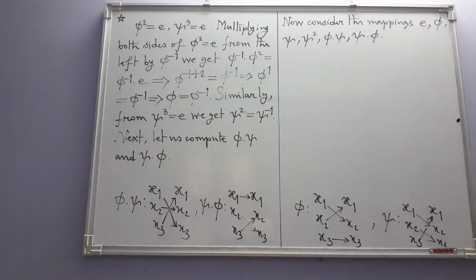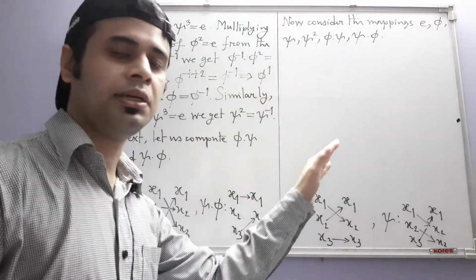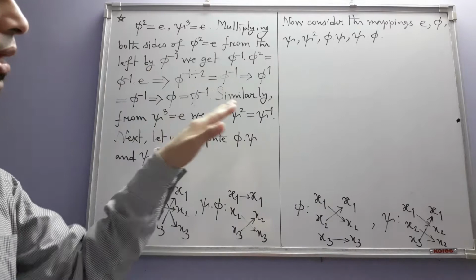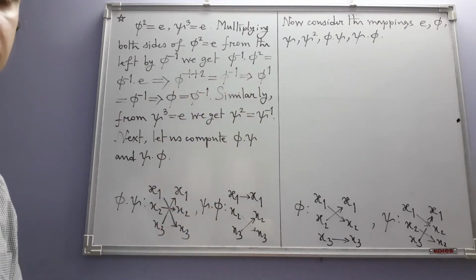These are 6 mappings, and if you look at them in detail, you will see that they are all distinct. That is, none of them is equal to any other.